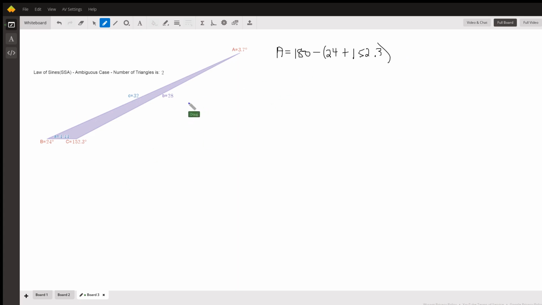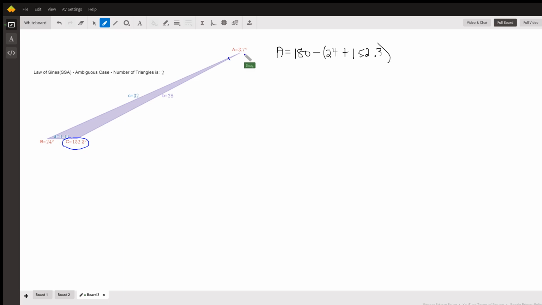The other possibility for angle C, remember, was 180 minus that 27.7. But if that's what angle C is, then angle A is 180 minus the given 24 plus 152.3. And that turns out to be about 3.7.